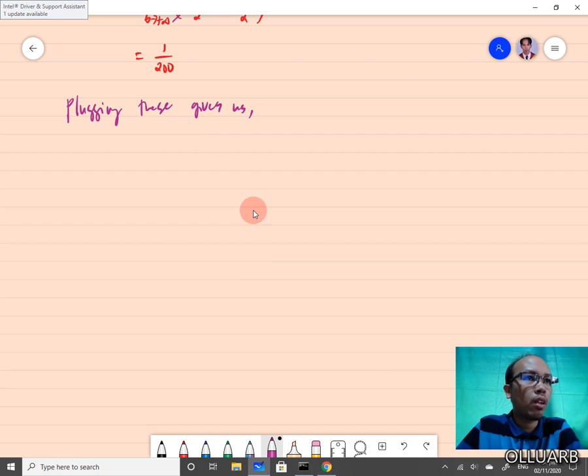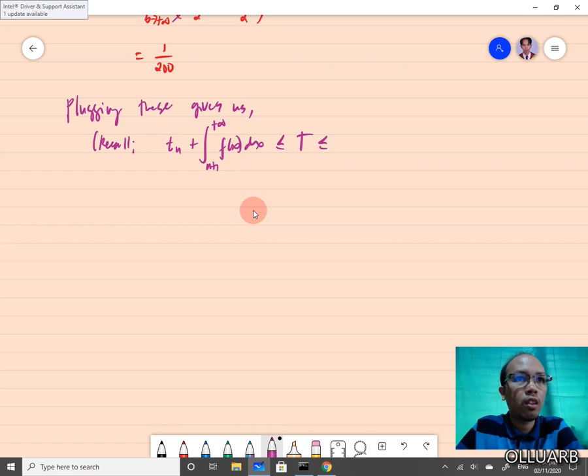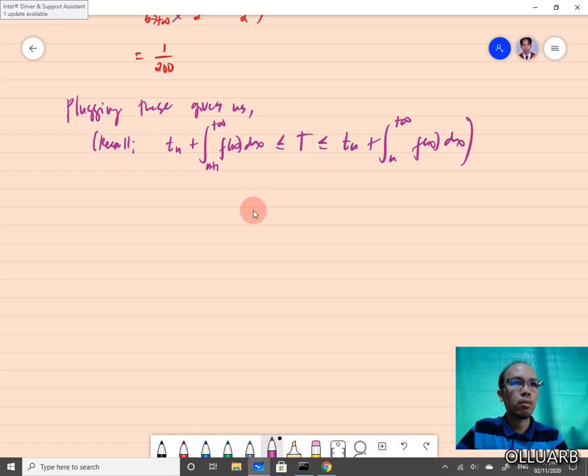Recall, this is something like t sub n plus the integral of f of x dx evaluated from n plus 1 to positive infinity, less than t sub n plus this f of x dx. So this is what's inside the box.